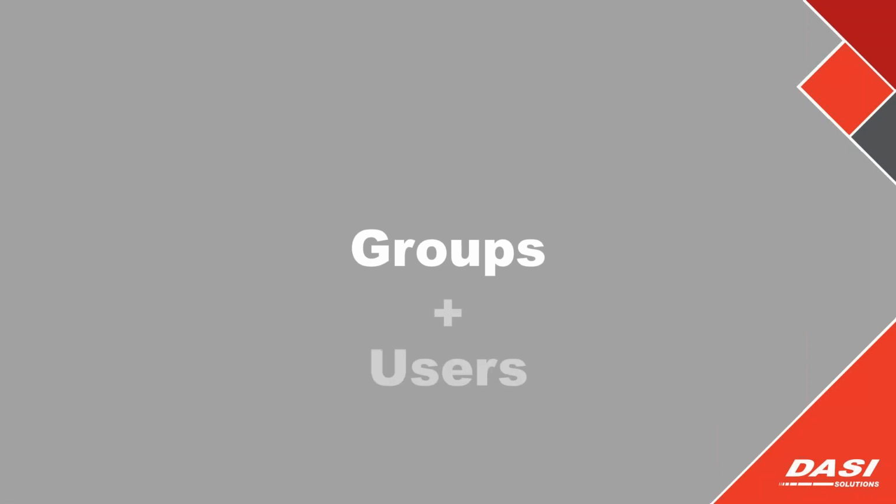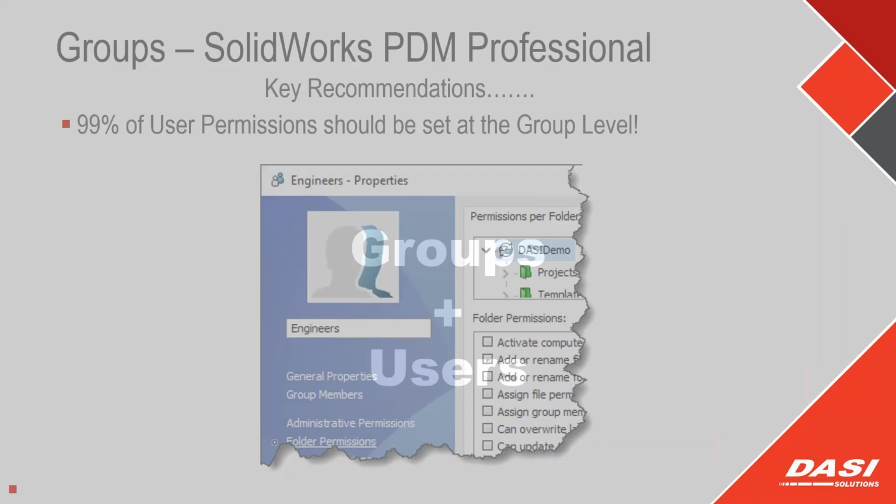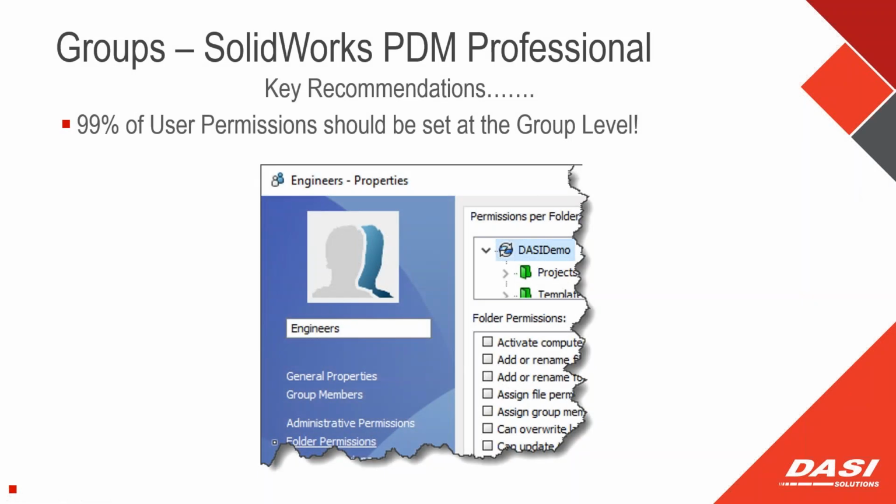Now, when I'm talking groups, really I'm talking users because users are individual data. It's the email address and phone number for a person, maybe their image, a little bit about maybe their address, but users really are the lightest part of this. When I apply permissions, I apply 99% of those permissions at the group level.